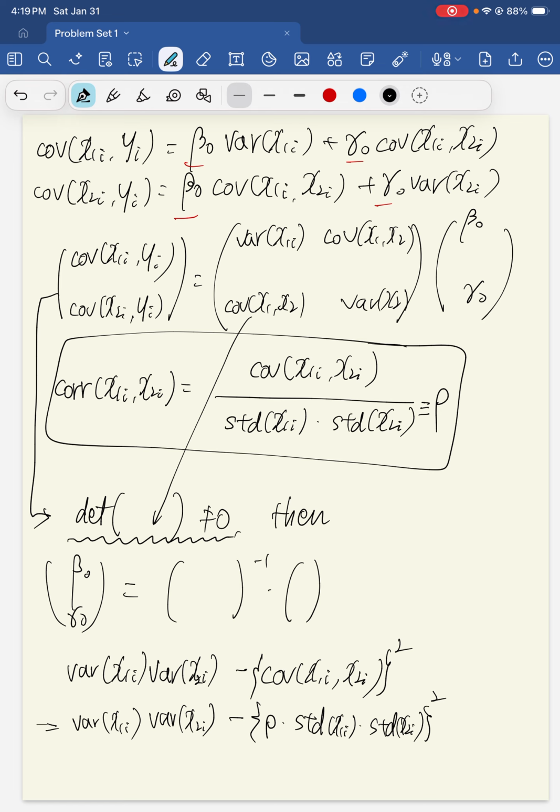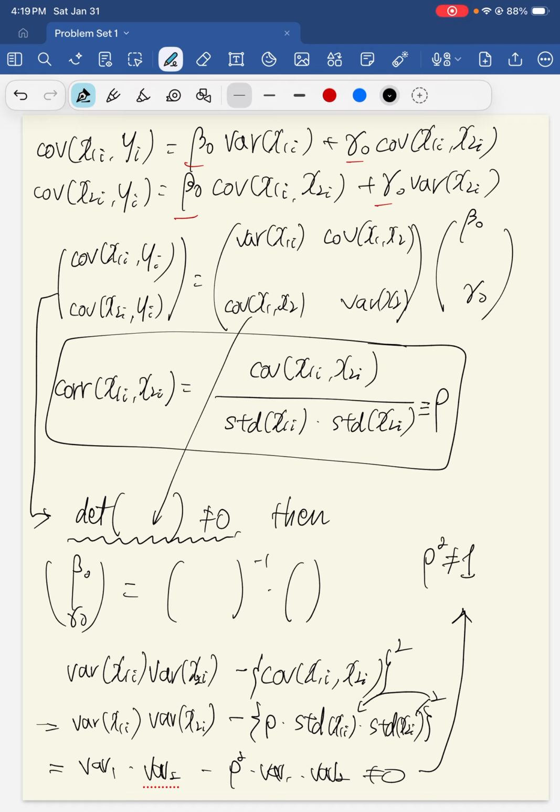Then, with standard deviation squared being variance, we have variance 1 times variance 2 minus rho squared times variance 1 times variance 2, which should not be 0. That implies rho squared should not be 1. Pretty simple.